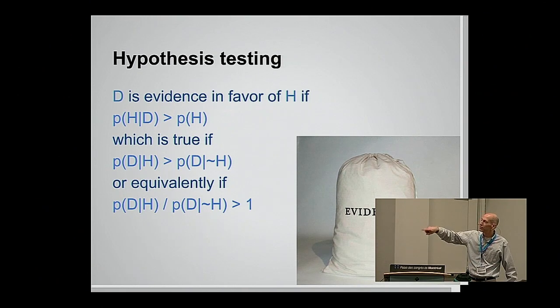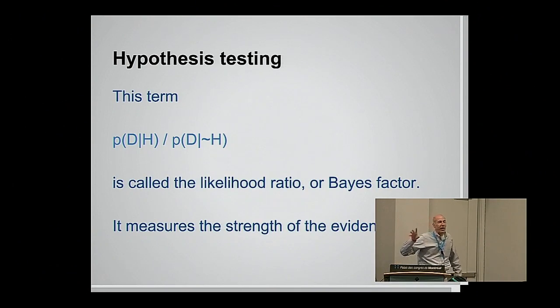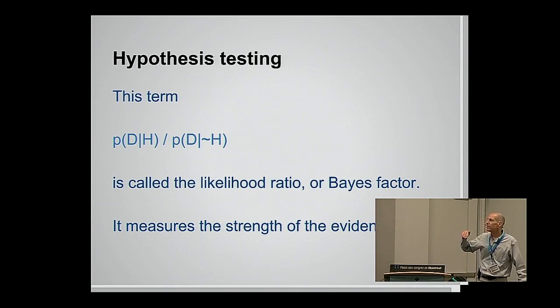And if you divide through, you get the bottom formulation, which is the most common way that this is written in a Bayesian framework, which is the likelihood of the data under H divided by the likelihood of the data under not H. If that ratio is greater than 1, then we would say that D is in favor of H. If it's less than 1, then D is against H. That ratio, the likelihood ratio, is also called the Bayes factor, and it's a measure of how strong the evidence is.